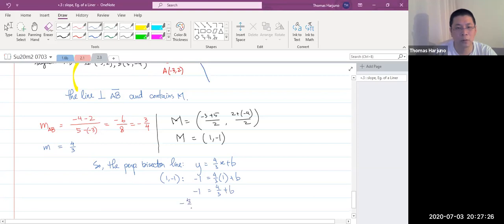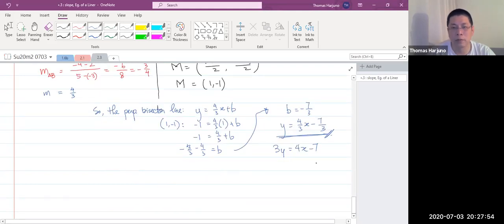Okay, 4 over 3 minus 1 equals b, so my b is negative 7 over 3, therefore y is 4 over 3 x minus 7 over 3. Okay, or if I want to make it nicer, move 7 to the other side, move 3y to the other side.